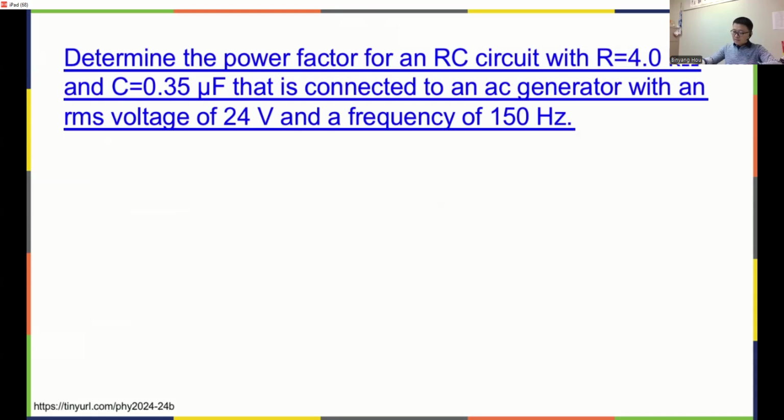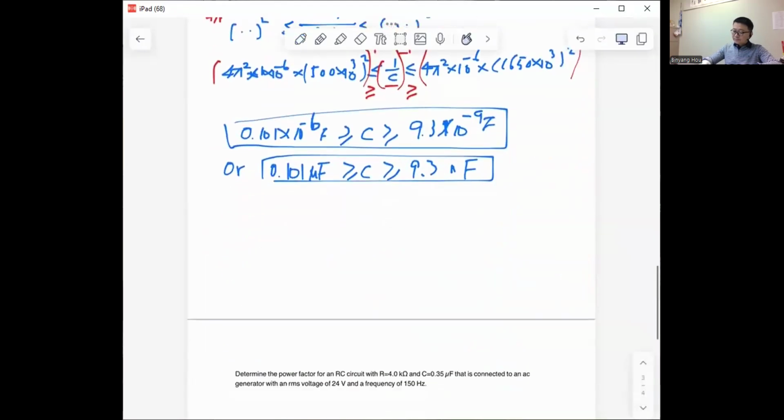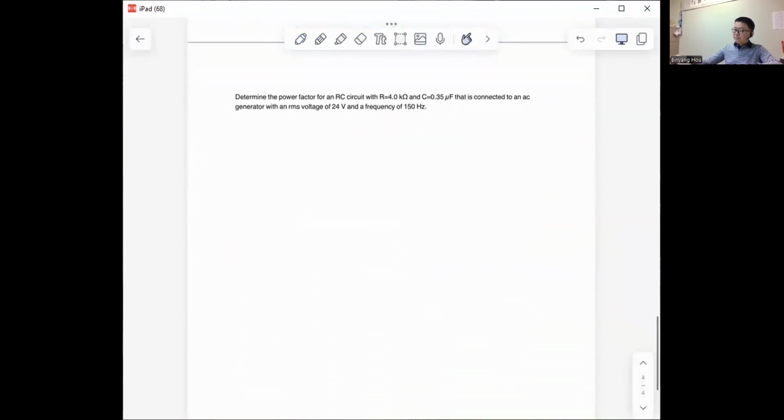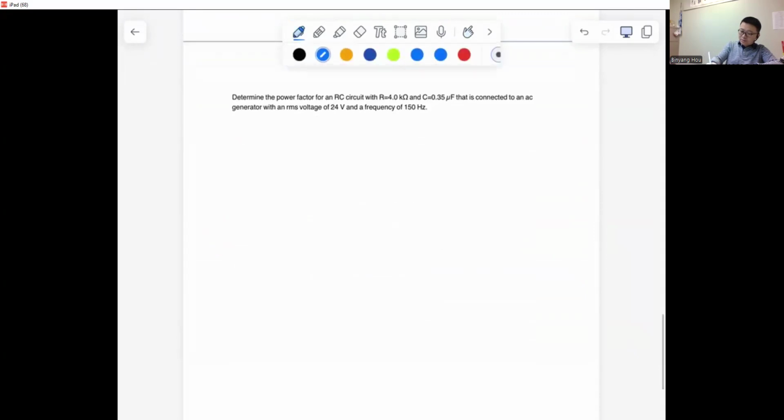So to calculate the power factor, power factor is cosine phi, which will be just R over Z. Now Z is equal to the square root of R squared plus (XL minus XC) squared.